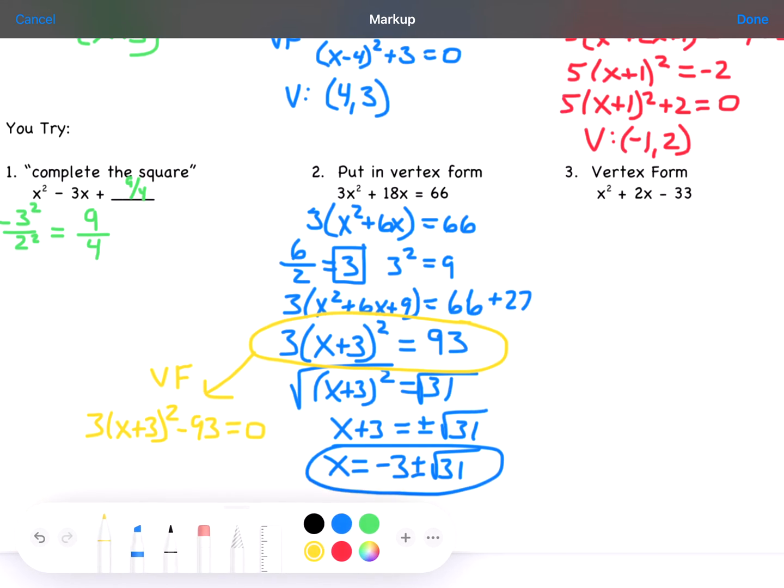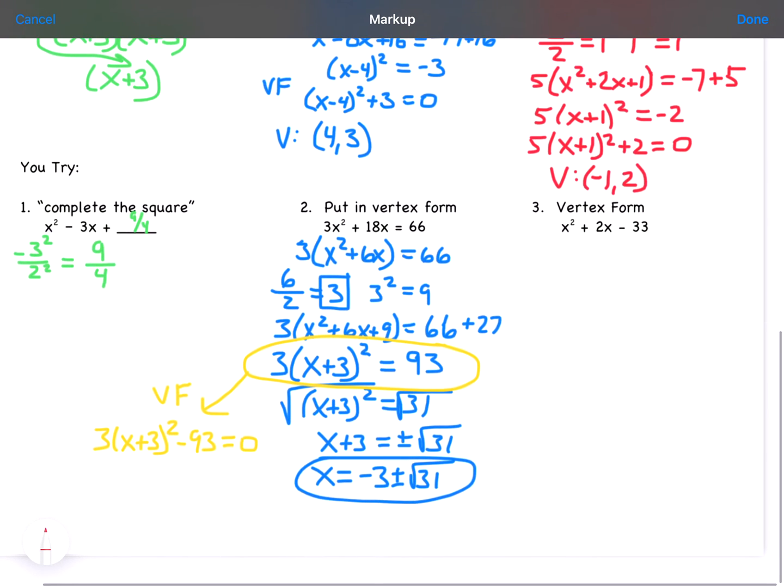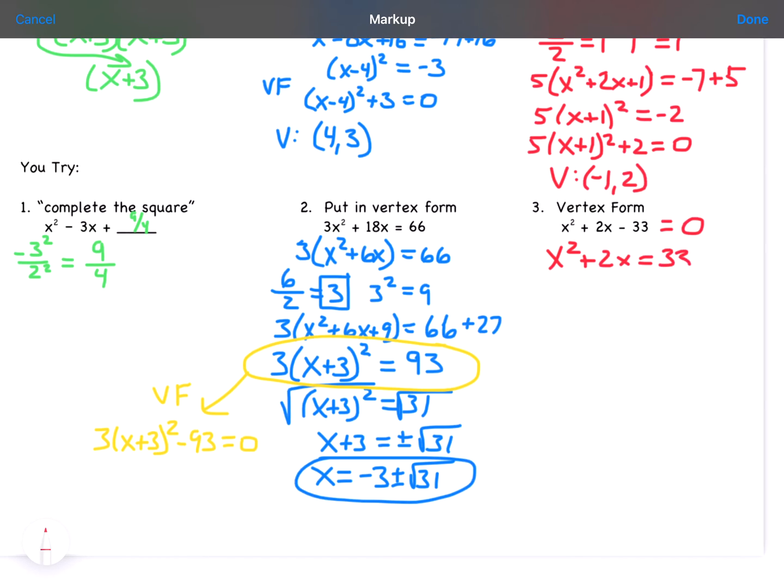Okay. And then finally, one last problem just to do it, just in case you're not sure. X squared plus 2x minus 33 equals 0. So we move that negative 33 over. X squared plus 2x equals positive 33. And we've already factored this one. The one's right above it. 2 over 2 is 1. 1 squared is 1.